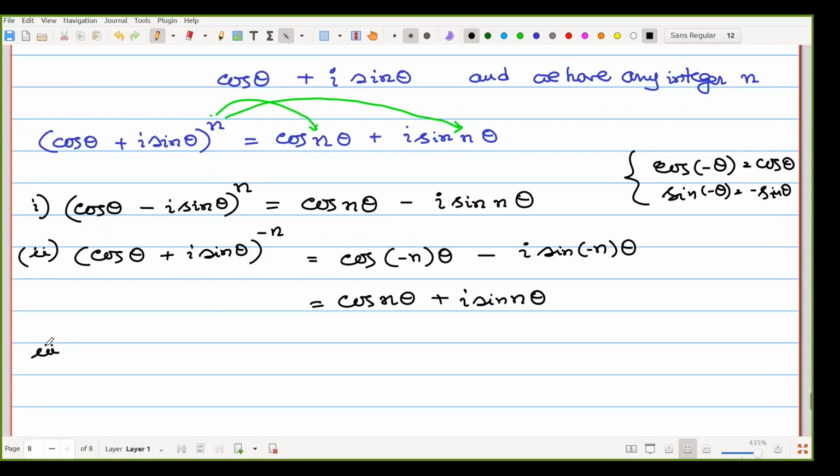Same as number 3, if we have cos theta minus i sin theta whole to the power minus n, that is cos of minus n theta, which can be written as cos of n theta, and minus i sin of minus n theta. Sorry, the first one was wrong, because that one was plus.